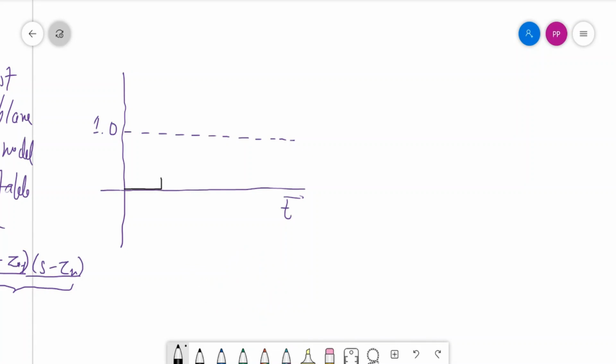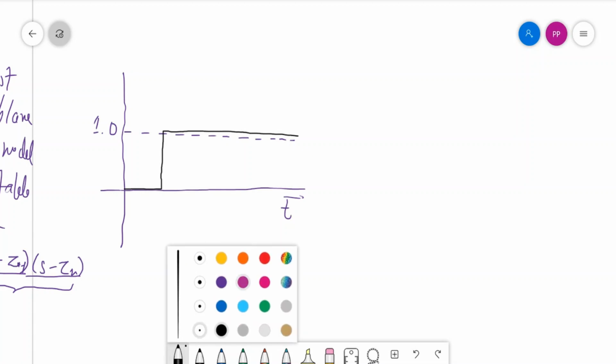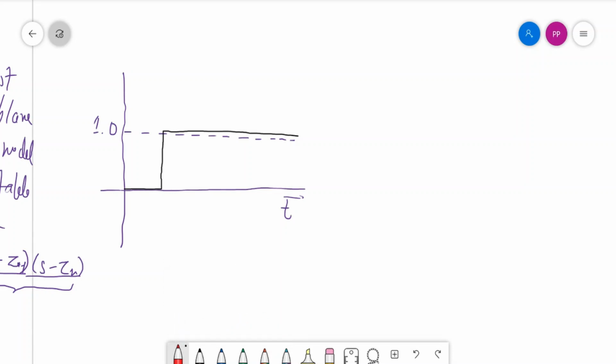I am giving the step input first, then the response. Initially, when there is no input, there is no output; as soon as the input comes, you see the response of this, like this.